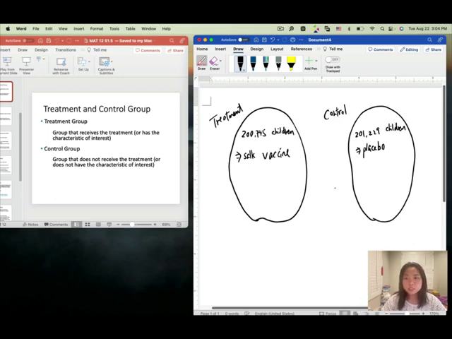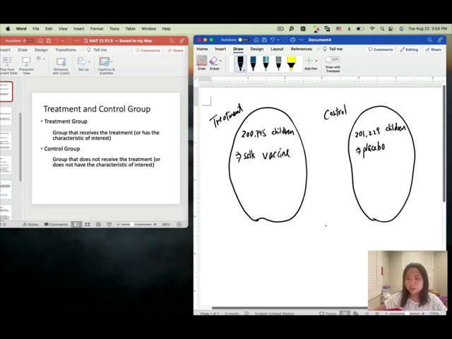So you can see why we have these two groups. This is the treatment group. We want to test whether the shot vaccine is going to work for those children. And the control group only gets injected with the placebo. It looks like the drug, but there's no medical effect.